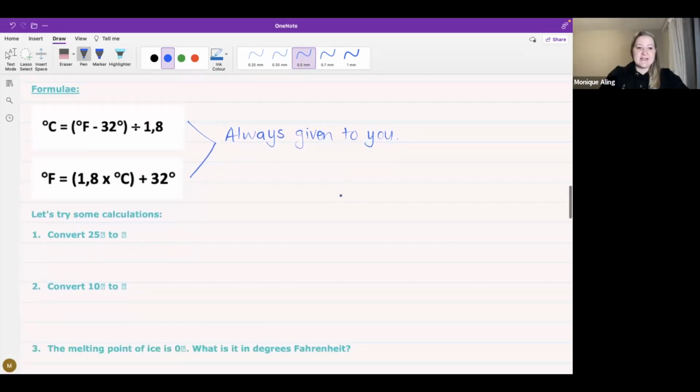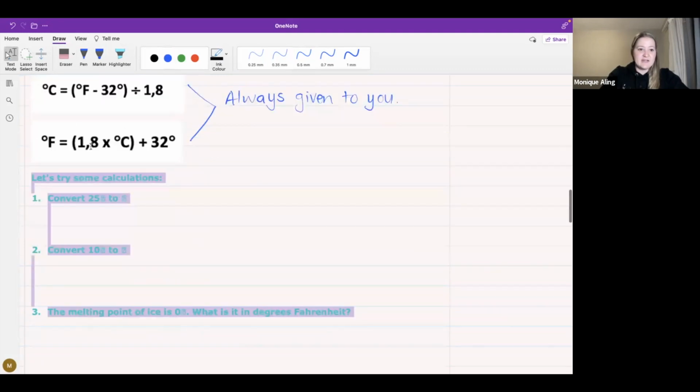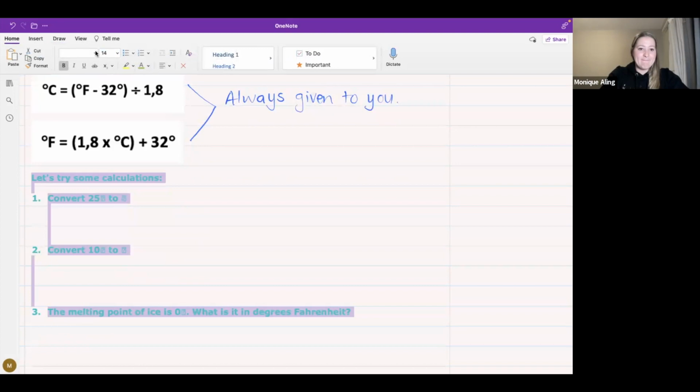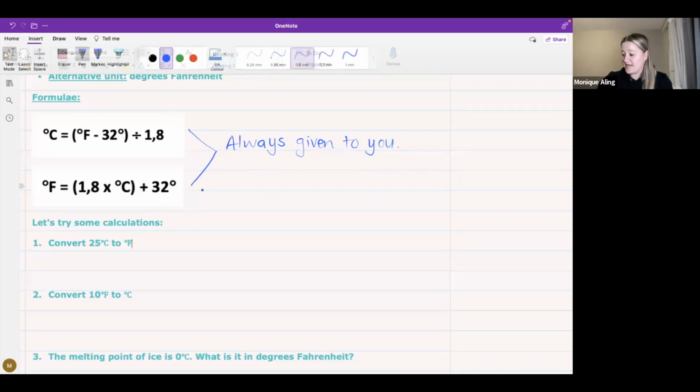Let's have a quick look at some questions. Question 1 says convert 25 degrees Celsius to degrees Fahrenheit. So we are going to be using the degrees Fahrenheit formula, the second one over here, because that's what we want to work out. We look at the beginning: we want degrees Fahrenheit, so we use this formula.